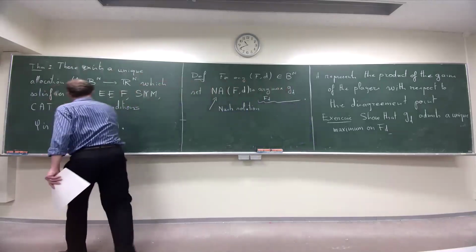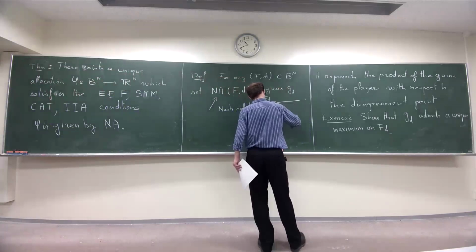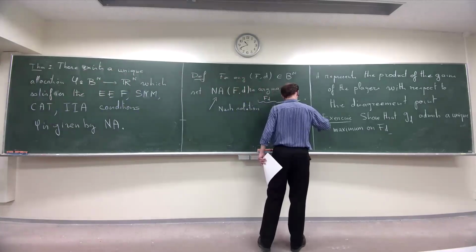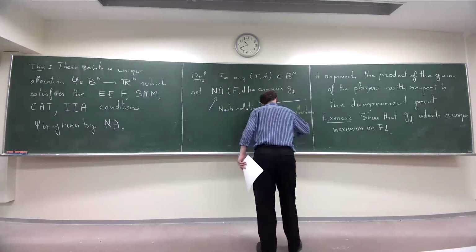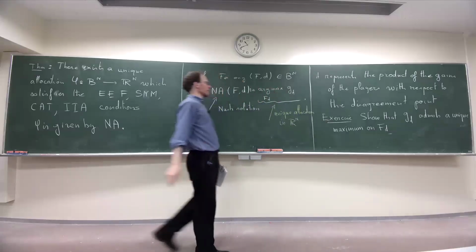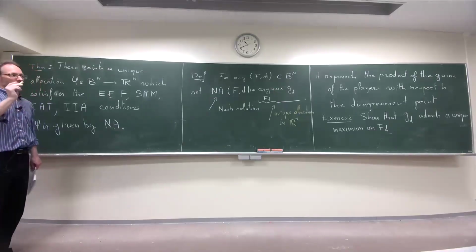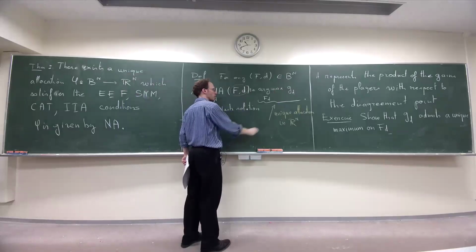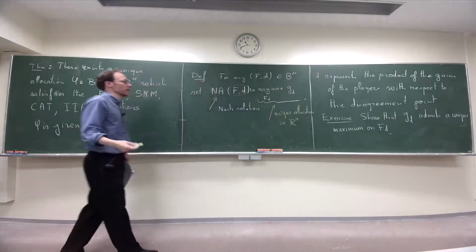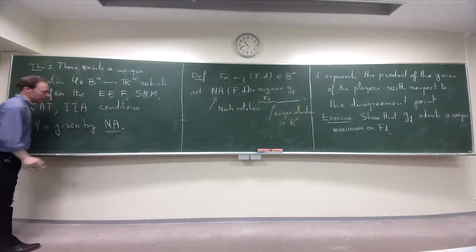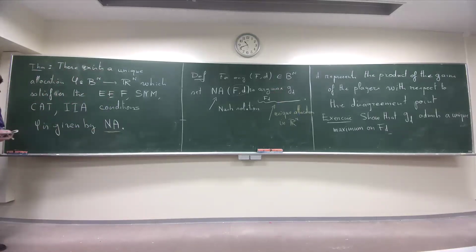I should emphasize this is a unique allocation in Rn. It's unique because of this exercise. So it means NA associates to any bargaining problem a unique point in Rn, and this is exactly what phi does. And the statement is that this phi given by NA satisfies these four conditions.